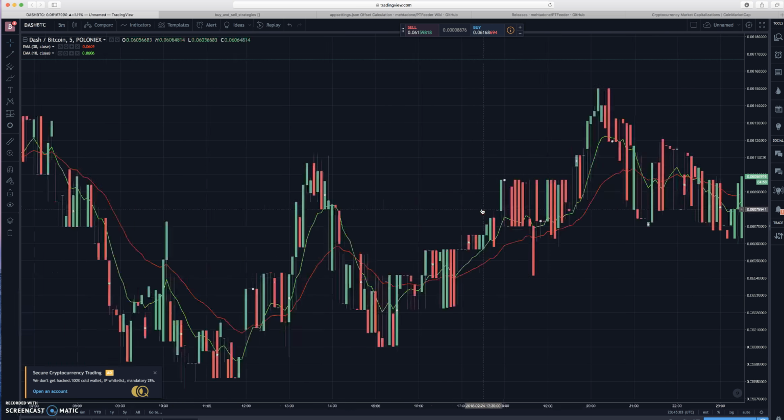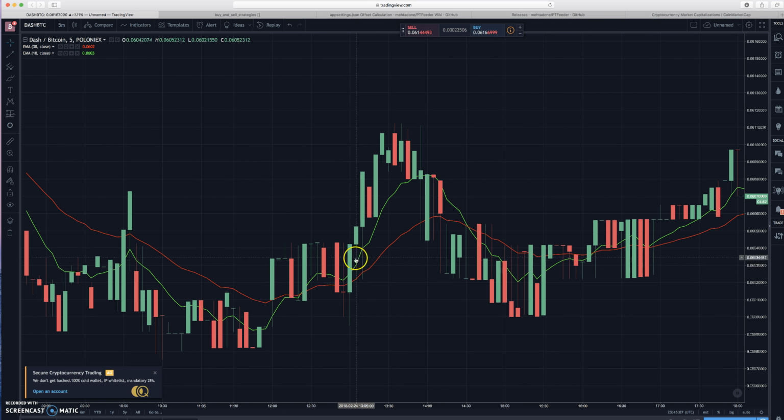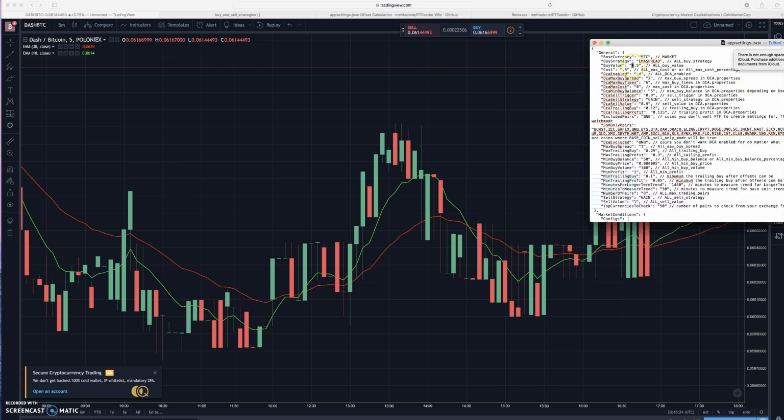So maybe in a super bullish market, that could be a way to do it, because maybe you would purchase in this region right here, and then you would have taken maybe like a 1% profit or a 0.7% profit in this region. So, I mean, there's ways to do it. I haven't tested with a positive buy value, but that is an option.